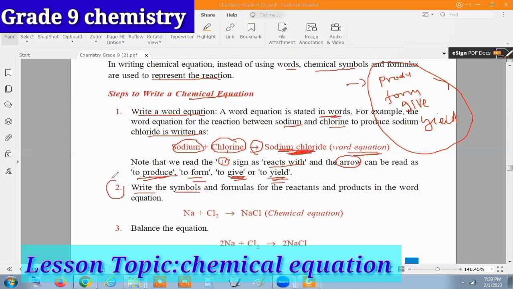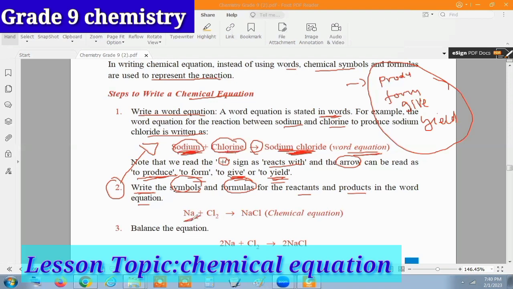Step two. Steps to write a chemical equation. The second step is to write the symbols and the formulas for the reactants and the products in a word equation. For example, in the above word equation we have sodium and chlorine.